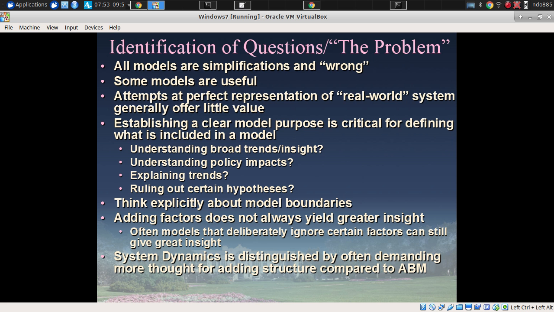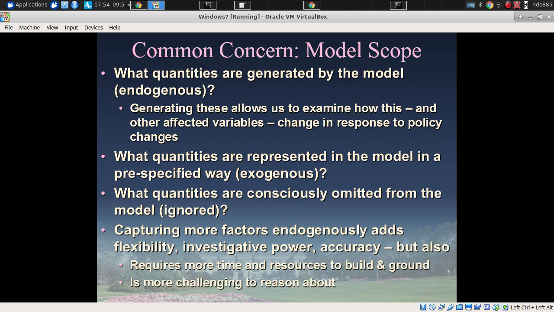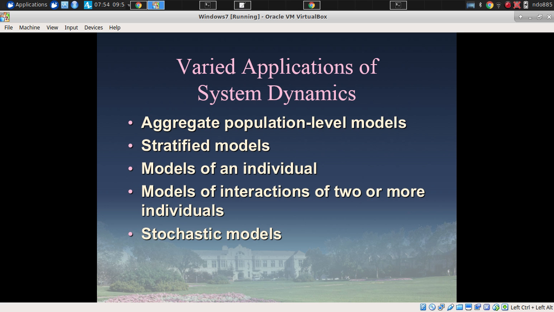Let's talk about problem conceptualization. I noted early on that models are like maps, they're always incomplete, and model scope is a particularly key one we focus on. I'm also going to leave some comments on best practices for model conceptualization for tomorrow, but we'll return to this.